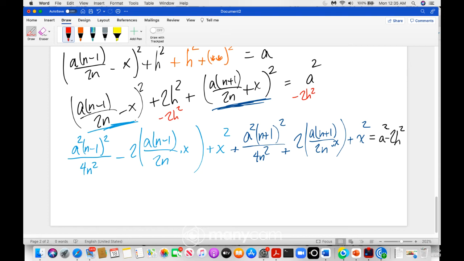So the first thing I'm going to do is cancel this 2 and this 2. And then I'm actually going to make sure to multiply by a 4n on top and bottom, because I want these to have a common denominator.